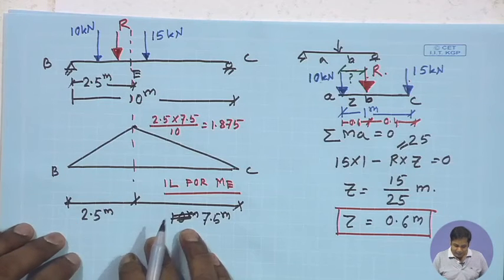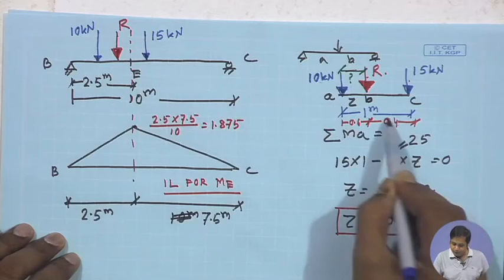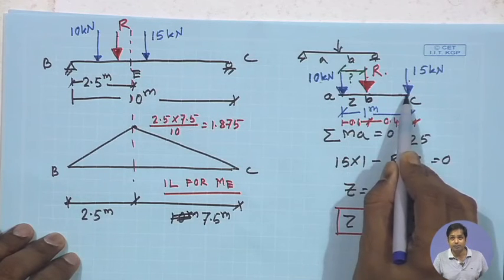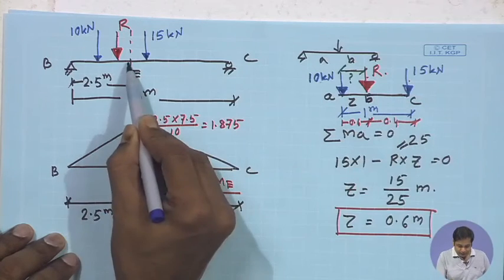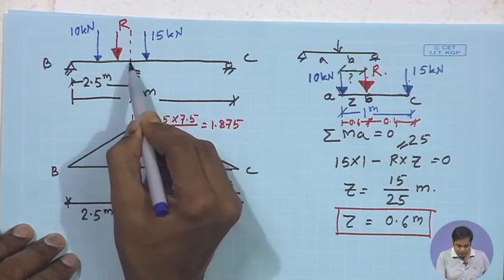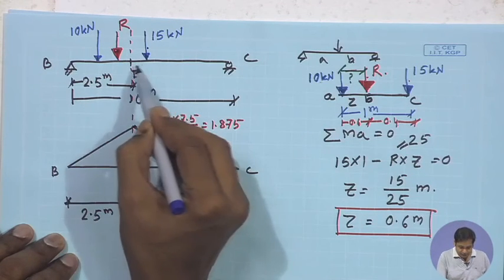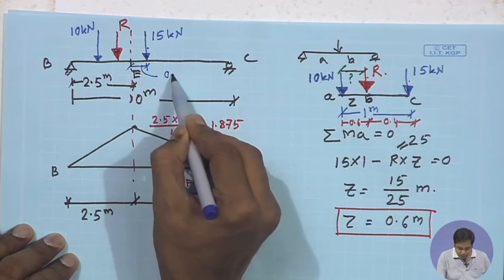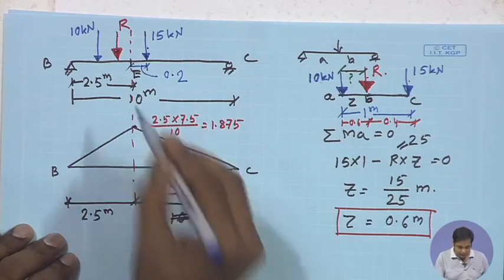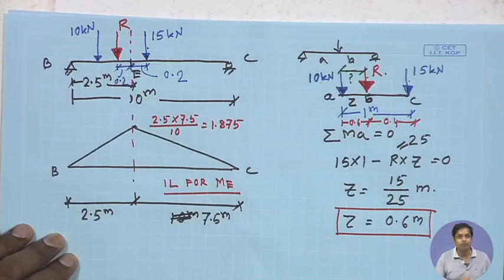Okay. And this distance is 0.4. So, d is equal to 0.4. If this distance is 0.4, E should be the midpoint of this and this. So, this distance will be 0.2 and similarly, this distance will be 0.2.